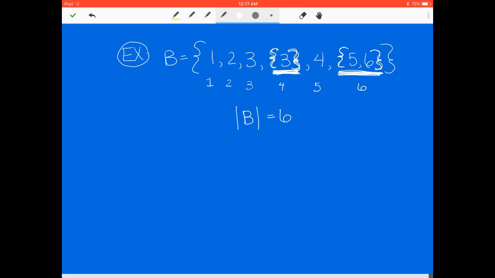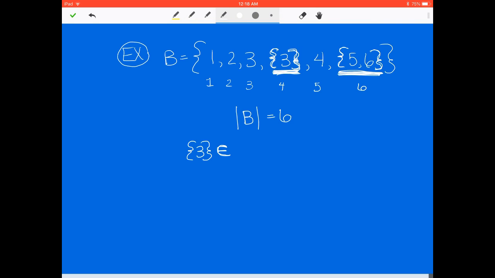Now, we can shorthand all of this talking, like set 3 is an element of B. We can take all of that, and again, mathematicians are lazy, so we can say it all using notation. How we would say that is we would write down one of the elements, and we would use this weird looking symbol.